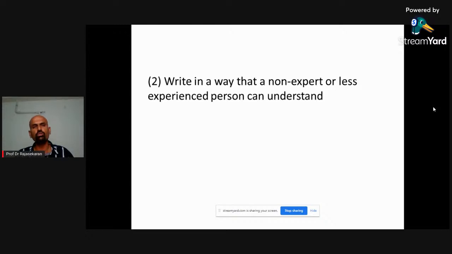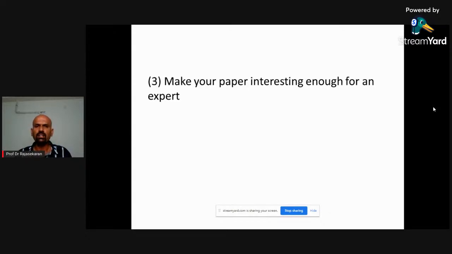In case you have written so scholarly, then a layman may not be able to understand. So you have to select a style which is suitable for everybody and make your paper interesting enough for an expert. There should be some novelty or some kind of interesting thing in the paper, so that when he reads, he will get the feel that, okay, you have contributed something in the field.